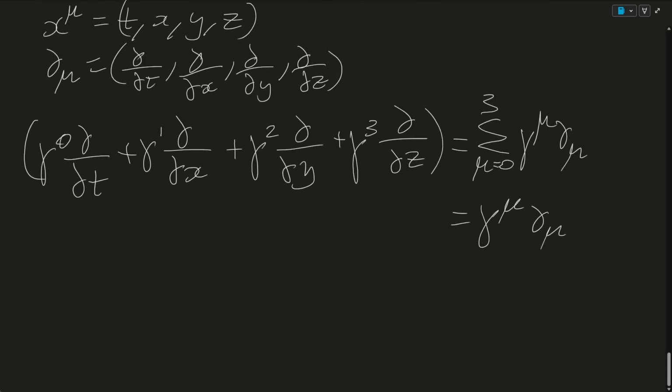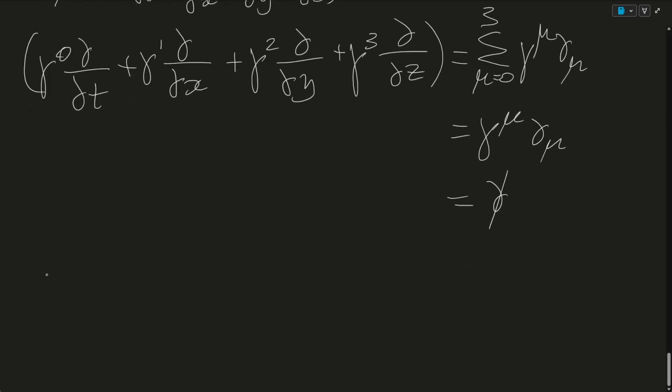And in fact, Feynman wrote this in a nicer way, in my opinion, which is slash notation. A general form would be a slash is equal to gamma to the mu times a sub mu.